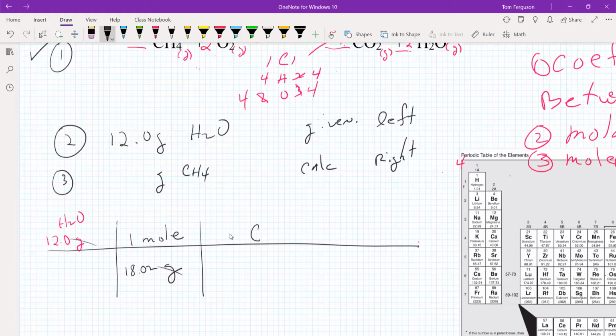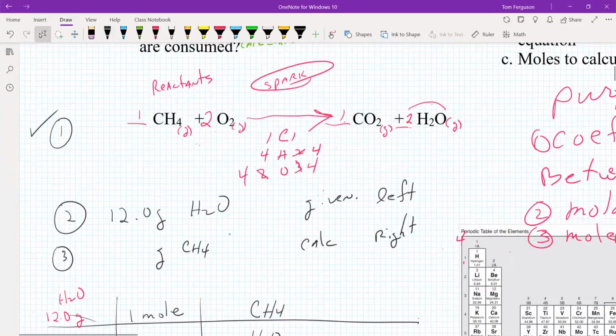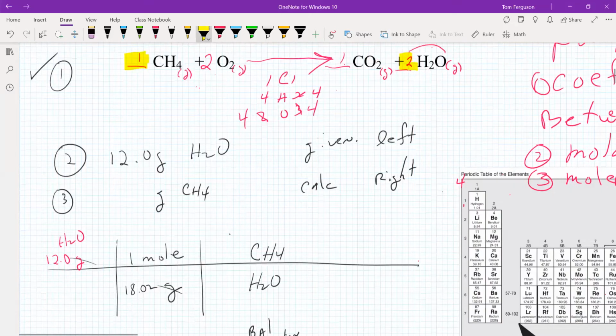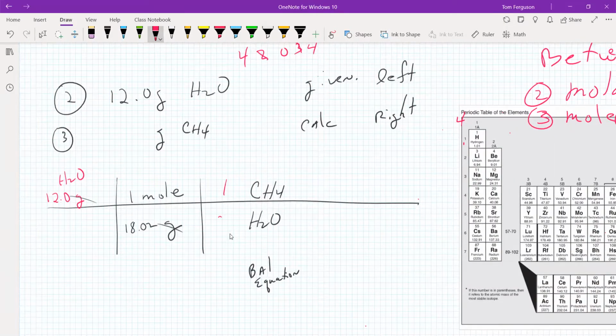So it's going to be a methane to water ratio, from the balanced equation. Methane is 1, water is 2. That's from the balanced equation, and this is from the periodic table, the molar mass.